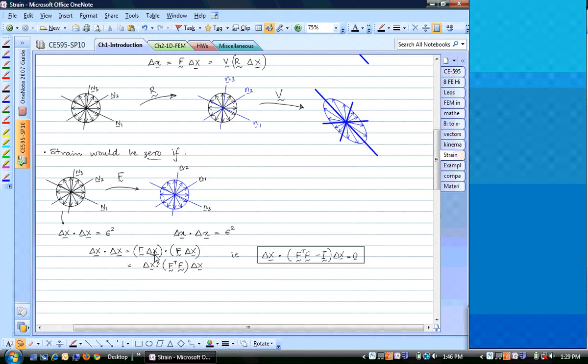Since two vectors, when they are dotted, let's say you have two vectors a and b, if I'm trying to find out a dot b, then I can also express that as a transpose b in matrices, right? So if you do that, what you will get is this. And now since this has to be equal to this, the resulting equation that you get is that delta x dotted with F transpose F minus I times another big delta x should be 0. So this is the condition. This is the condition that must hold if the strains are to be 0.